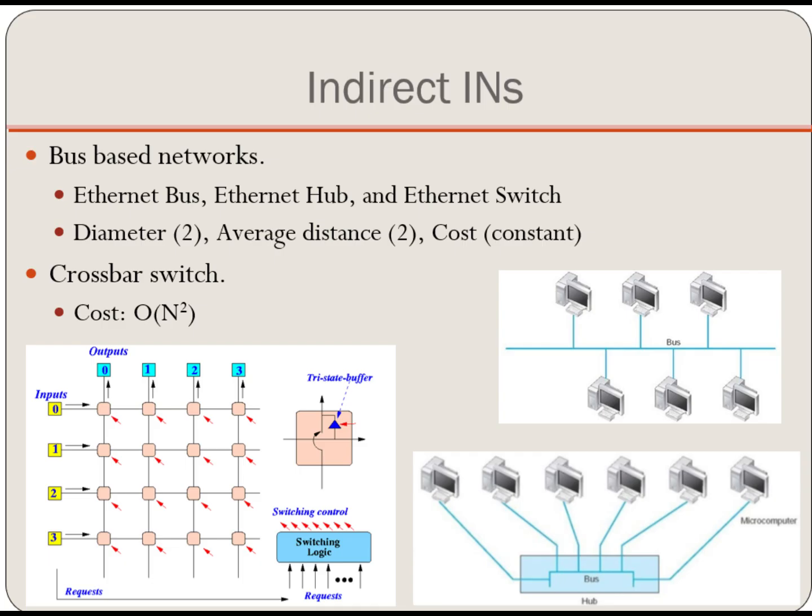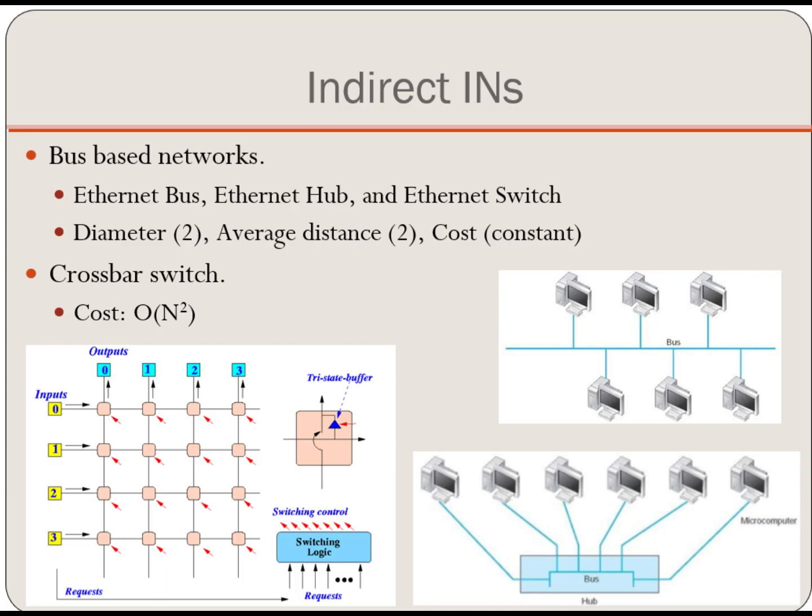And in this kind of system, the diameter will be 2 because you go to the network node and then go from the network to another computing node. So the longest distance between any two nodes will be 2 hops.